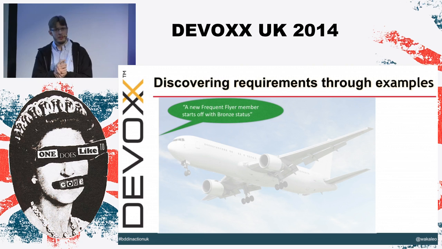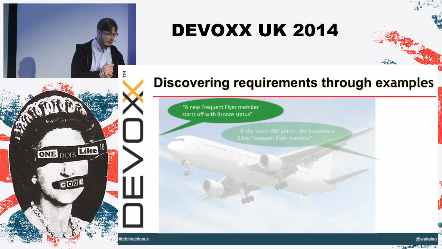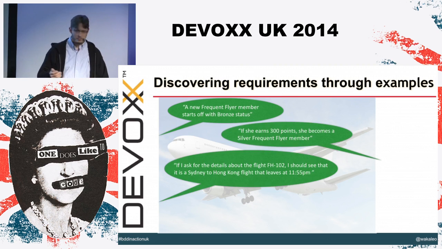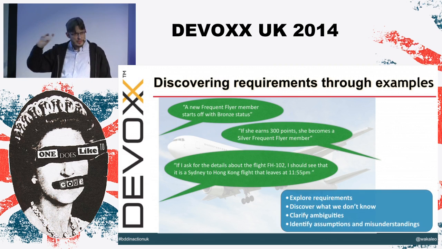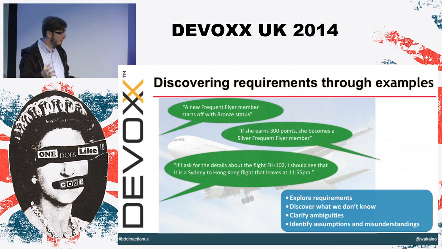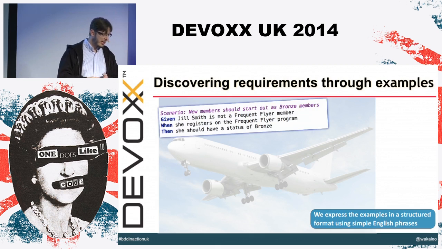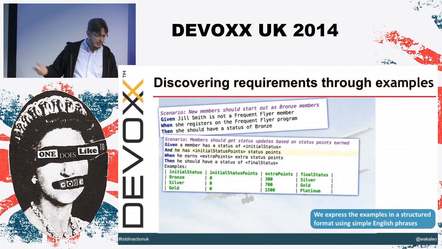So, how do we get to these given when thens, these acceptance criteria? Basically what we're doing is exploring the requirements with these examples that I was talking about earlier. So it's very important that you are talking about concrete examples. The concrete examples are really the key to this. And your examples, so is everybody familiar with this sort of syntax?